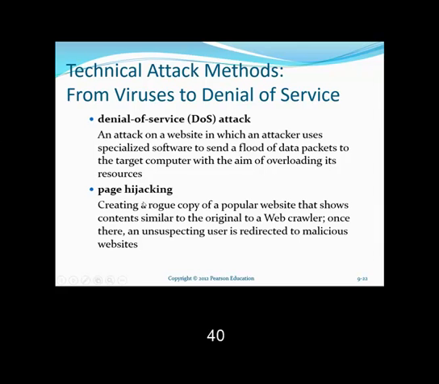And then page hijacking. So this is very important. Page hijack, how to hijack a page, not only to hijack an aeroplane. Creating a rogue copy of a popular website that shows content similar to the original to a web crawler. Once there, an unsuspecting user is redirected to malicious websites.